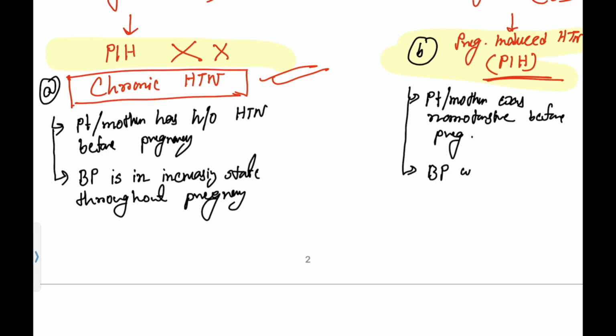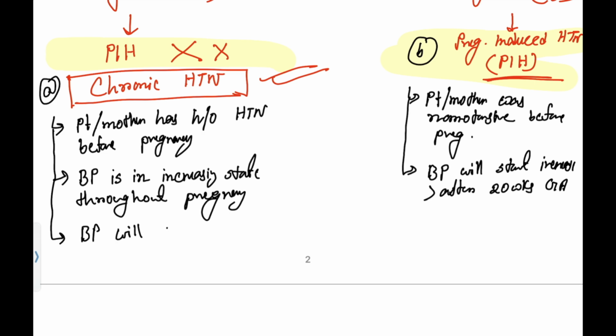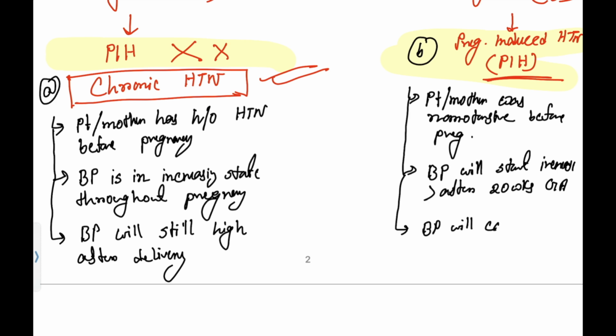In case of PIH, BP will start to increase when? After 20 weeks of gestation. In chronic hypertension, BP will still be high after delivery. But in case of PIH, what will happen? BP will come down to its normal state after delivery.